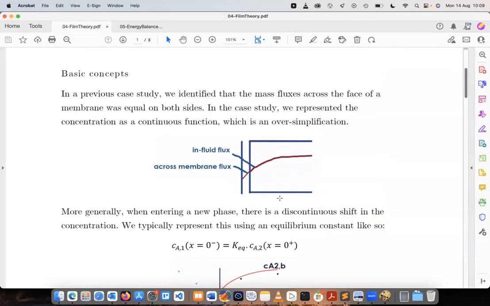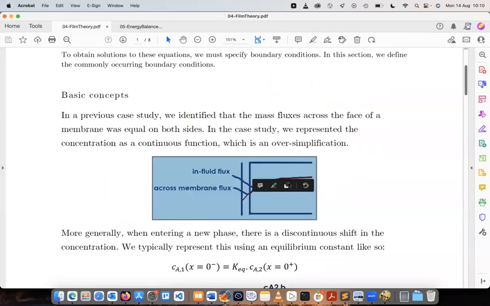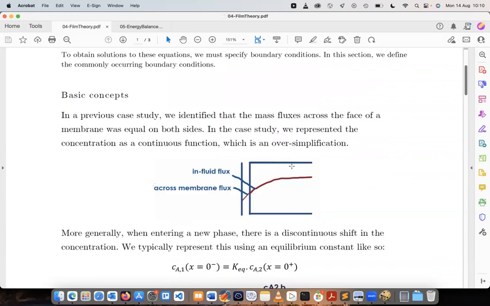So I guess here it's talking about the membrane example. If you look back in the first case study, in the membrane example, we had that across the membrane there was a concentration difference, and that led to some variation in the concentration profile in one of the cells. And so we could define our film here.